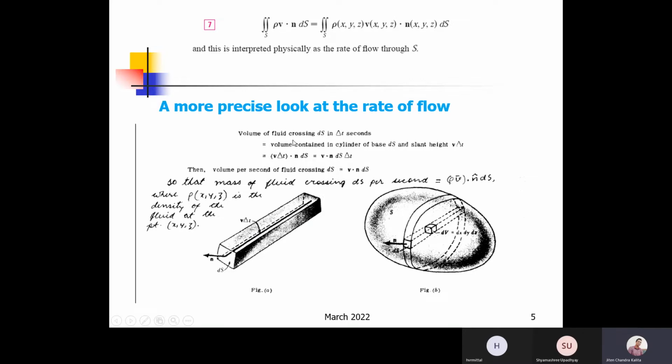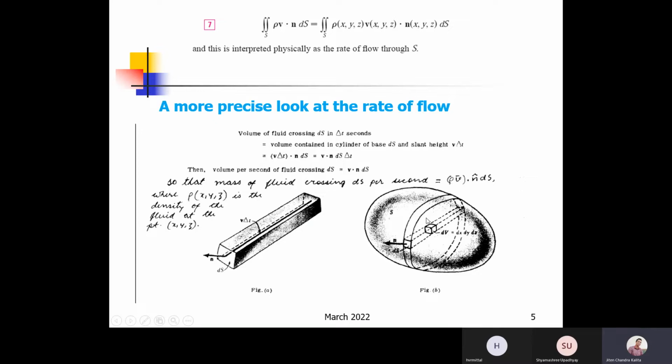It gives you the component of velocity along the direction of n. So that is why the volume per second of fluid crossing dS becomes this, and the mass of fluid crossing dS per second is simply that multiplied by rho, where rho(x,y,z) is the density of the fluid at the point x, y, z.